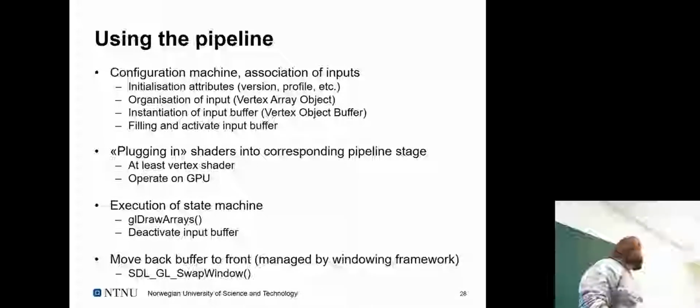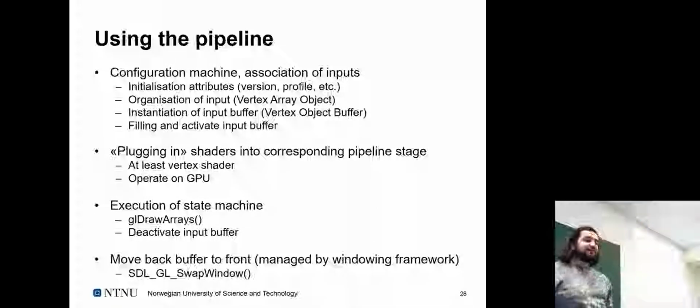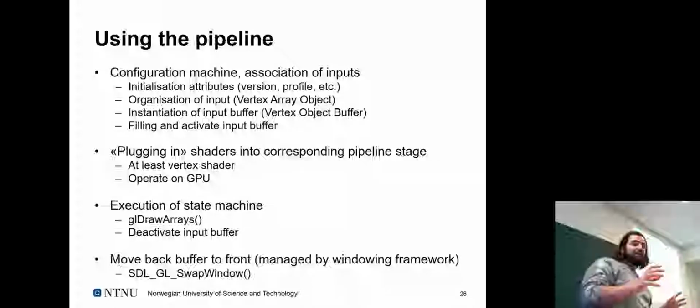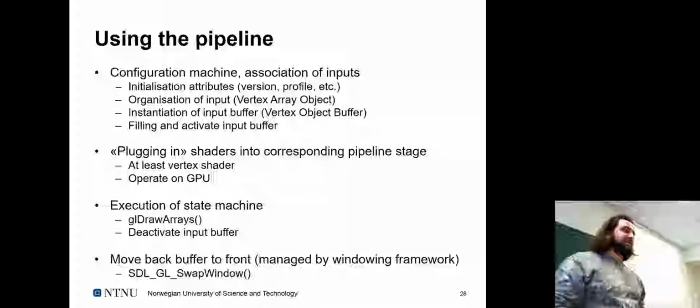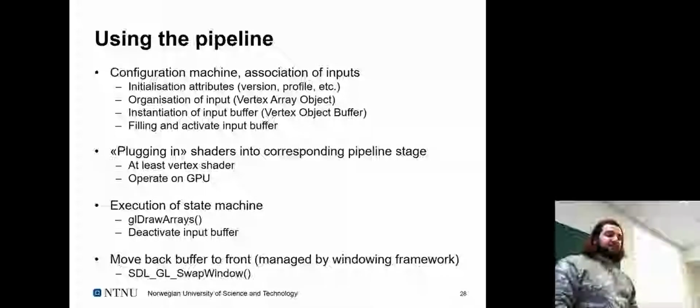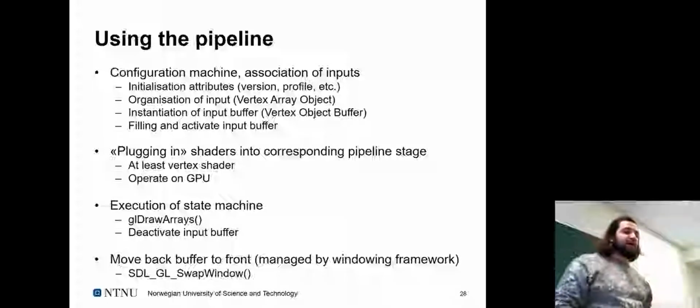The next step is to plug in the shader and activate it to feed this buffer object that we have defined into the shader, and to make it use and assign or apply whatever manipulation we have programmed and defined in the shader ourselves. At least a vertex shader to make all transformations, and it operates together with the rasterization step on the GPU.